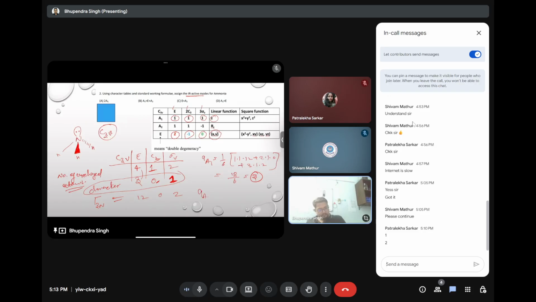And for A2 it is 1 by 6, 1 plus 1, 12, and it is 1.